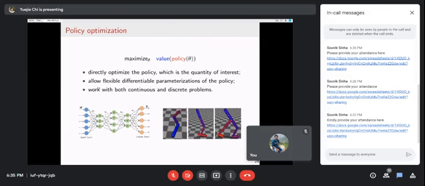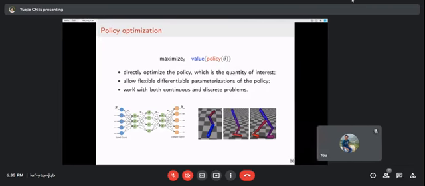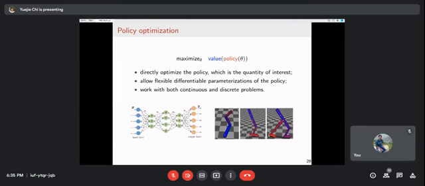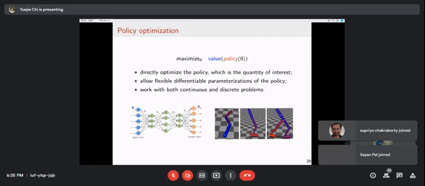Roughly speaking, putting everything under the umbrella of optimization, policy optimization tries to solve an optimization problem where the objective function is essentially the value function, parameterized by some policy, which is so often parameterized by some other parameters theta that is amenable for optimization.